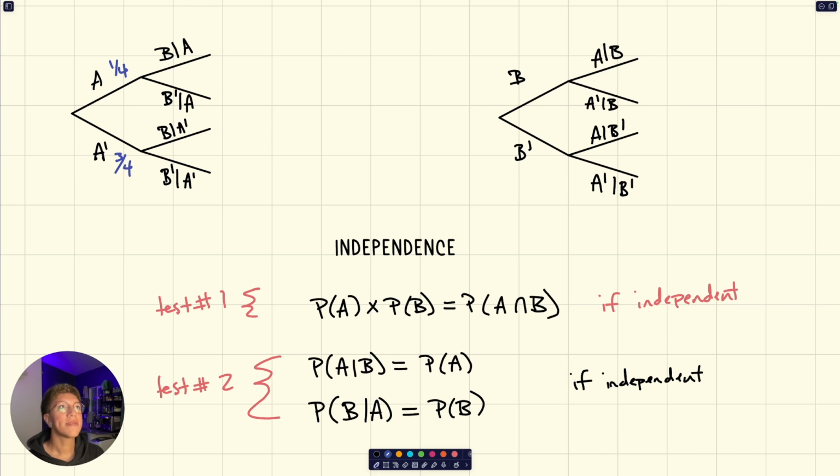And we'll say that this one here is 3/8 and 5/8. And this one down here is 4/8 and 4/8, so just 1/2. We can ask the question, is B independent of A?